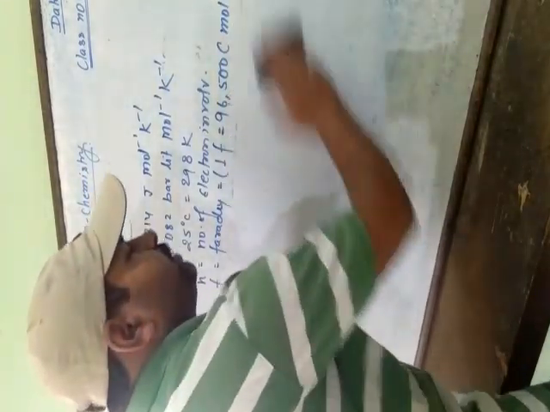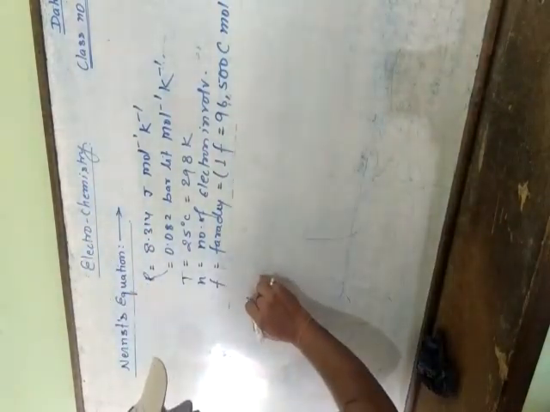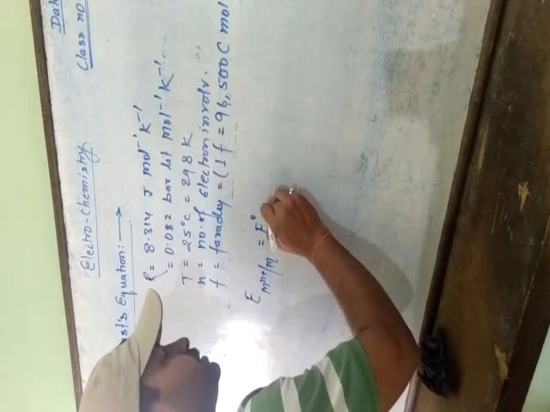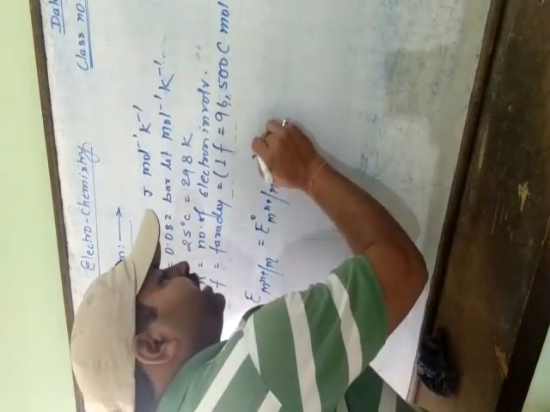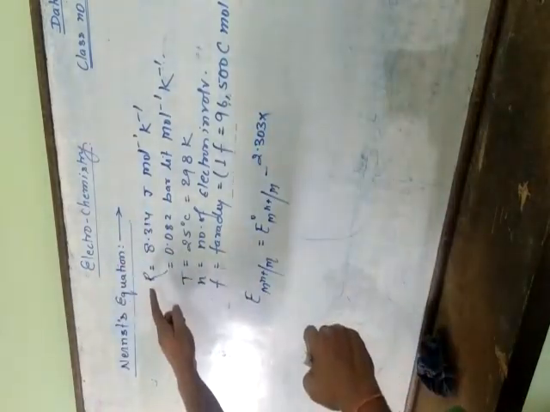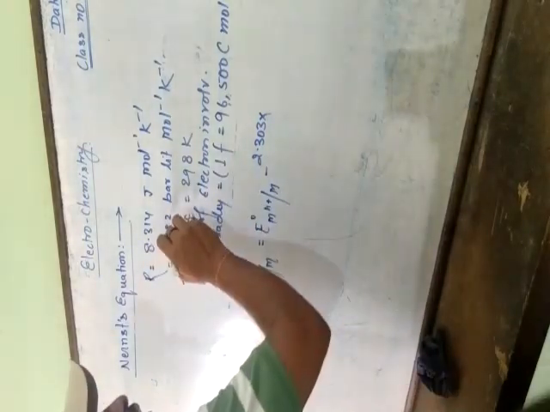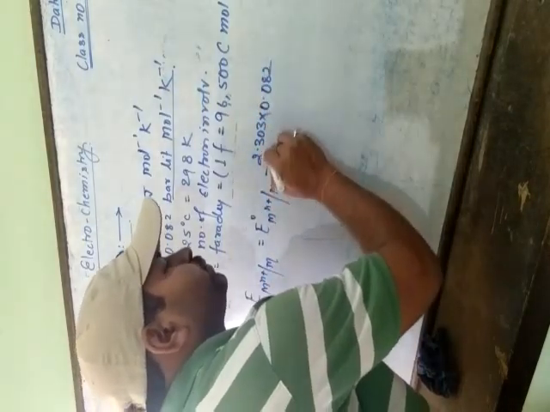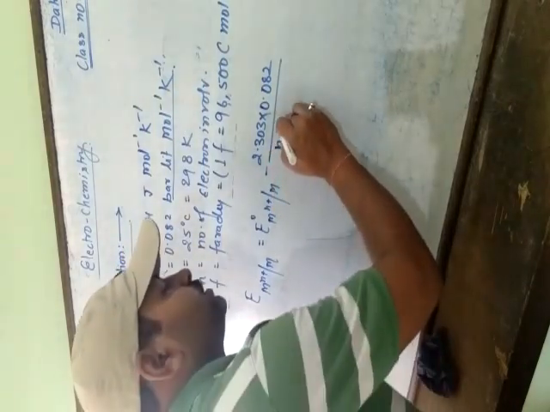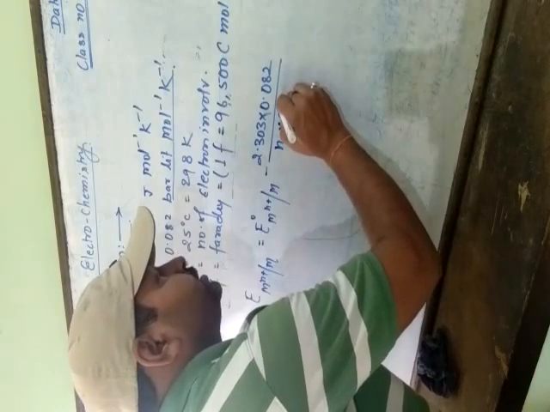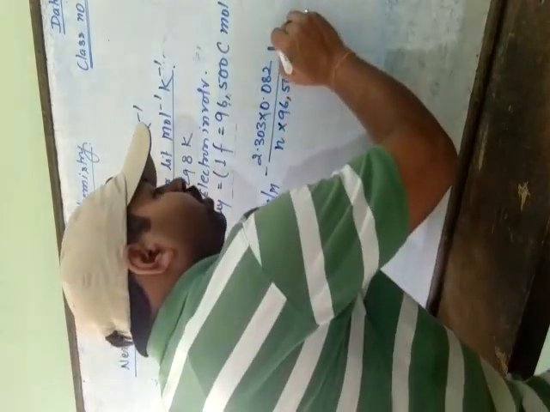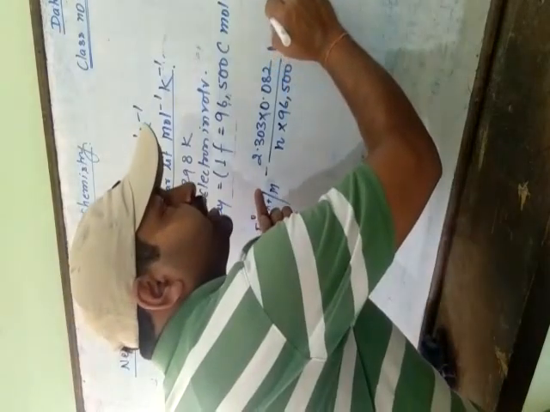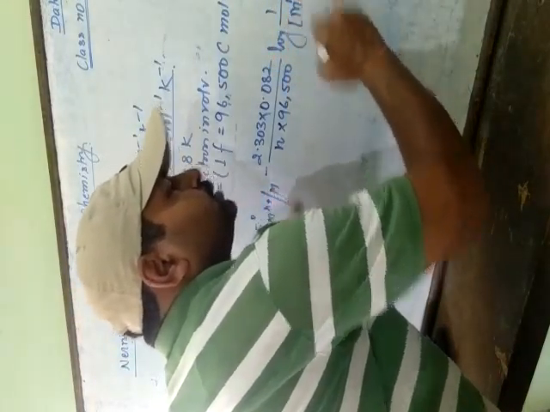So students, if we put these values in the Nernst equation, we find 2.303 into the value of R, taken as 0.082 bar liter per mole per Kelvin, by the number of electrons transferred into 96,500, log, and we know that the concentration of pure metal is unity, so 1 by M n+.